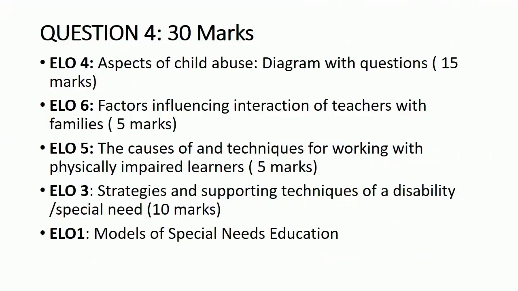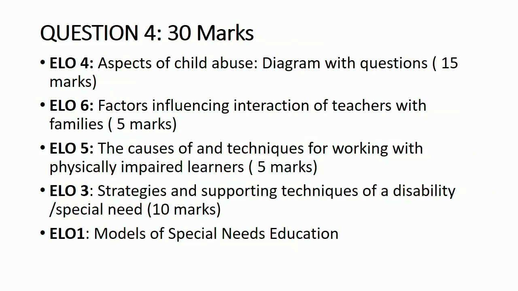So know them, and then it goes back to a design grading question. It means you need to know the basic knowledge of these two perspectives. Question 4, it's 30 marks. Again, on aspects of child abuse, there's going to be a diagram, and then you need to answer based on that given diagram.